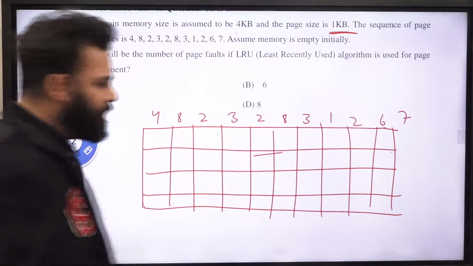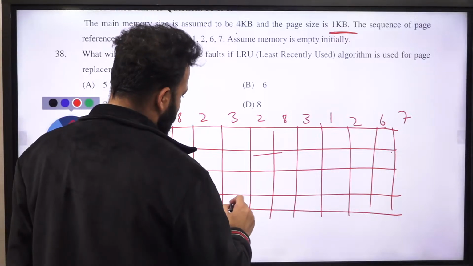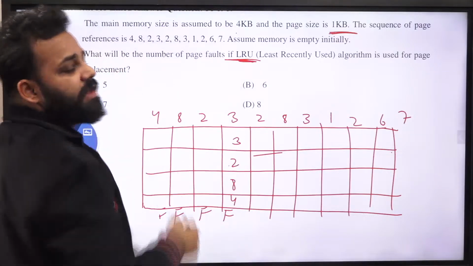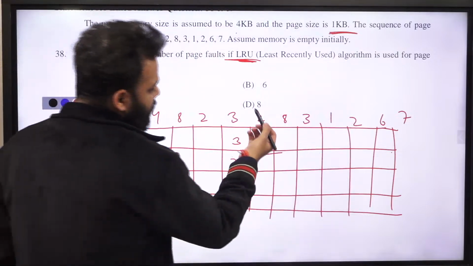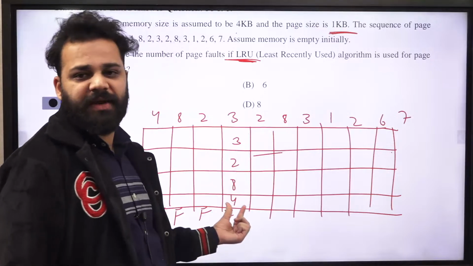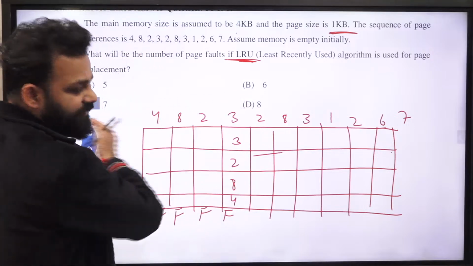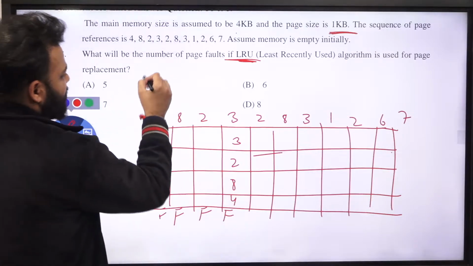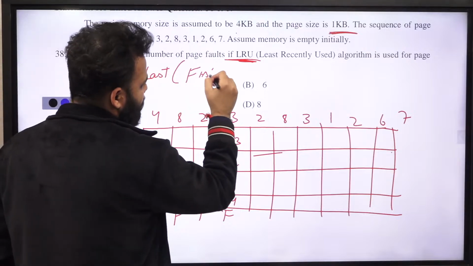Yes. So now first of all, the first 4 will always be faults because they will always be misses. So 4, 8, 2, 3. Now we have to see the least recently used. What we do in least recently used is, if there is a fault, you look at all the pages that are present, and on the left side you see the first occurrences of them, and you replace the last first occurrence.